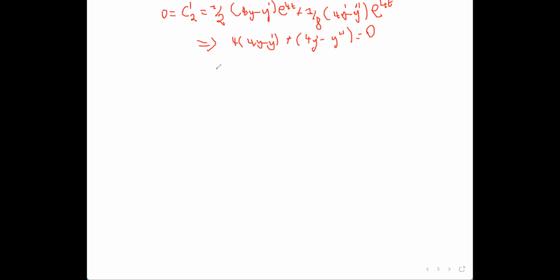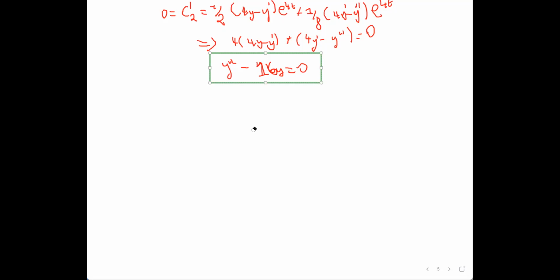And this will yield finally y'' minus 16y equal to 0. So this is 16. Which is then the solution of the problem that we are seeking.